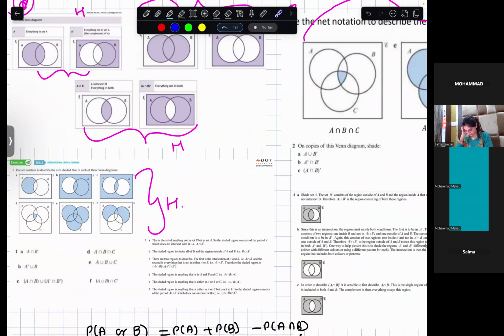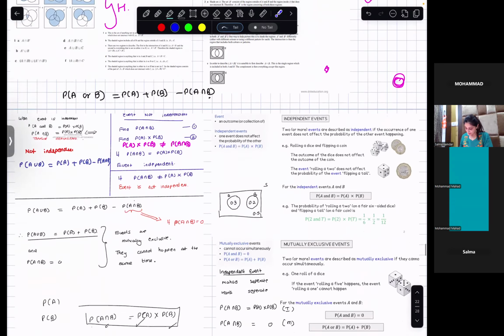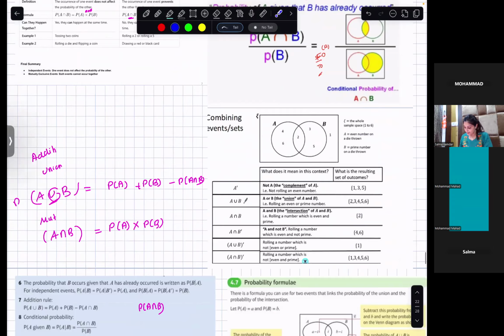So everything in A and B, but intersection with C not, so you have to remove that part. This one is already done. This is the same thing. So this is all with probability.